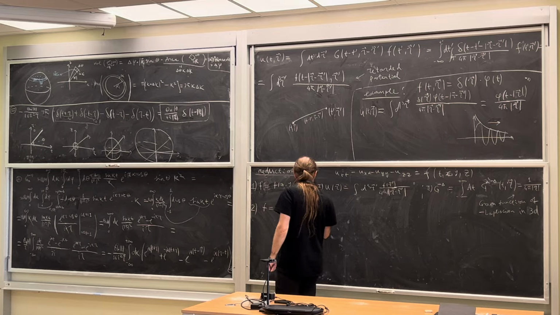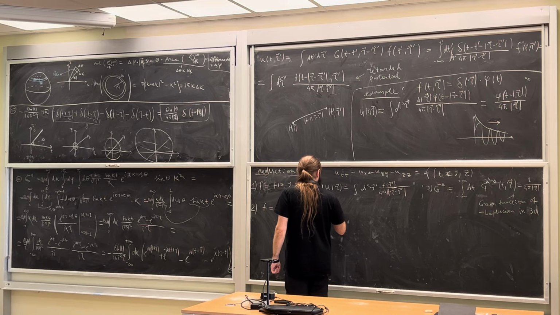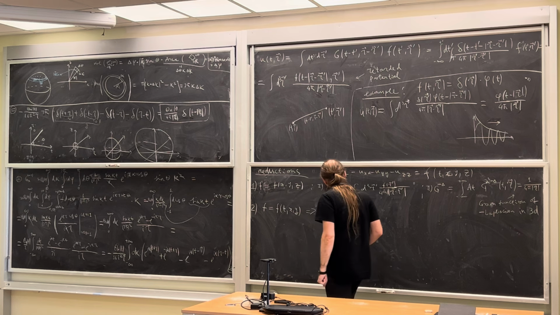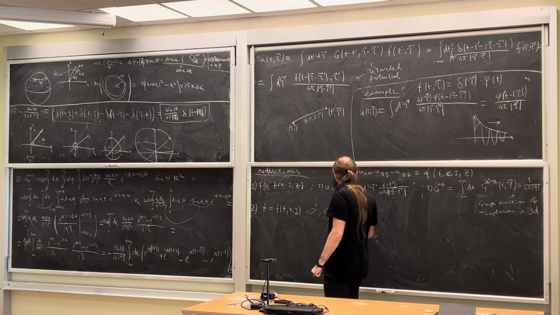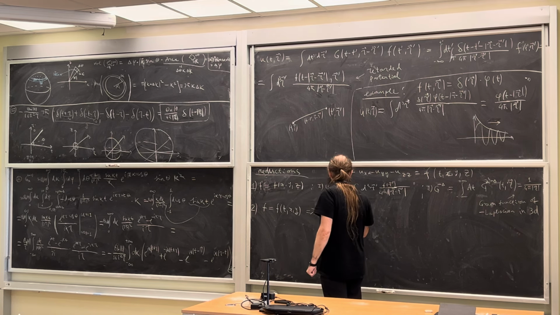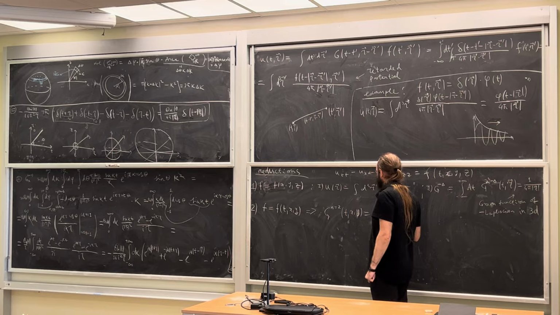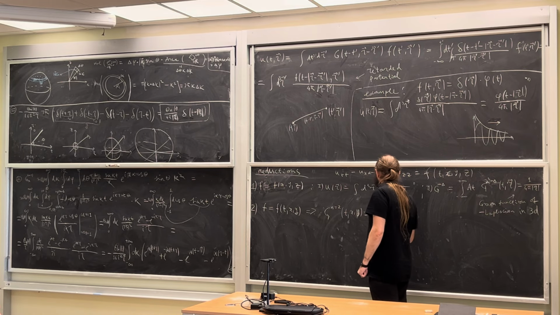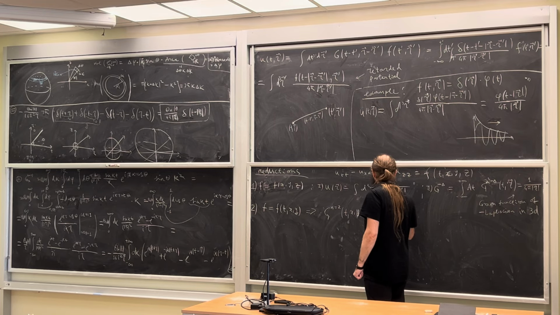So we can write that the Green function for n equals 2 of t, x, and y is the Green function for n equals 3 integrated from minus infinity to plus infinity in z.